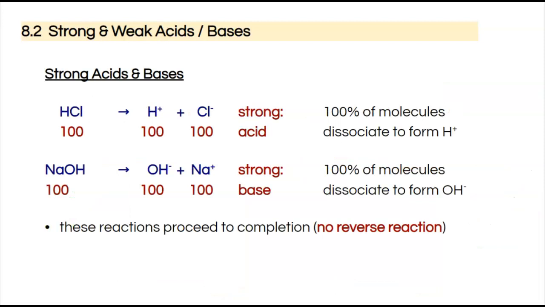So when we talk about strong acids and bases, we're talking about acids and bases that essentially dissociate 100% in solution. So for instance, if I were to isolate 100 particles of HCl, hydrogen chloride or hydrochloric acid, and dissolve them in water, then I would expect to see 100 ions of hydrogen and 100 ions of chloride present in solution.